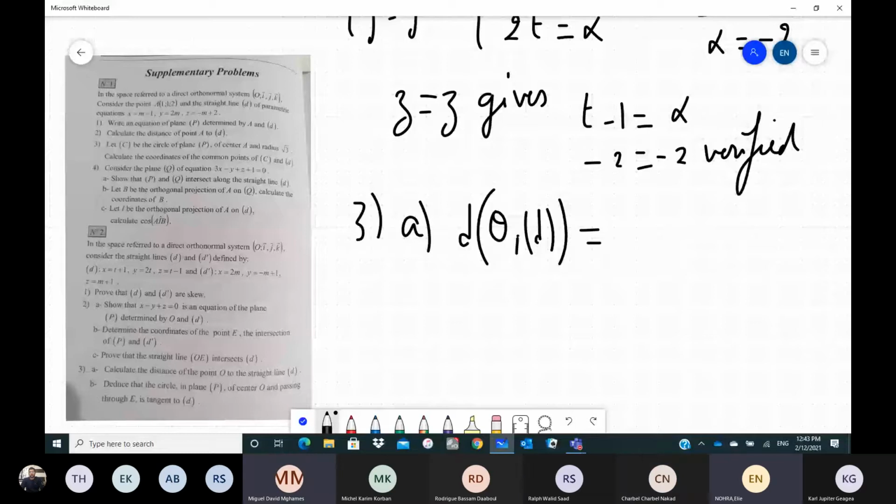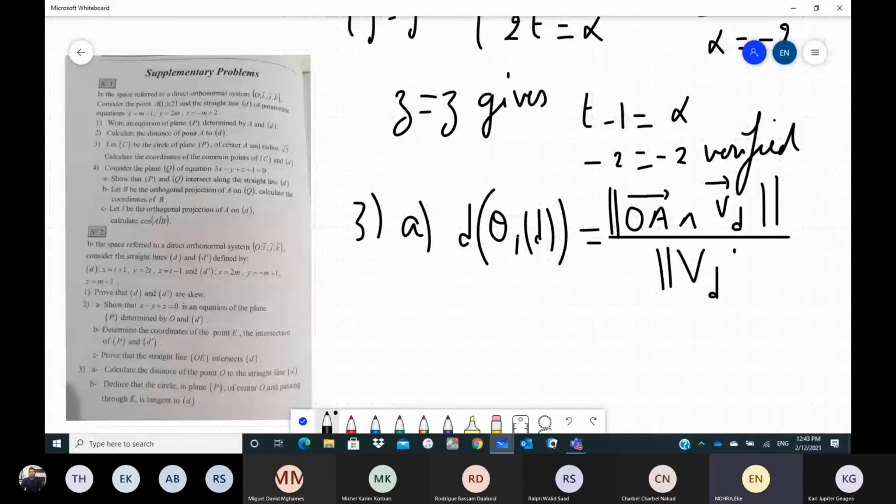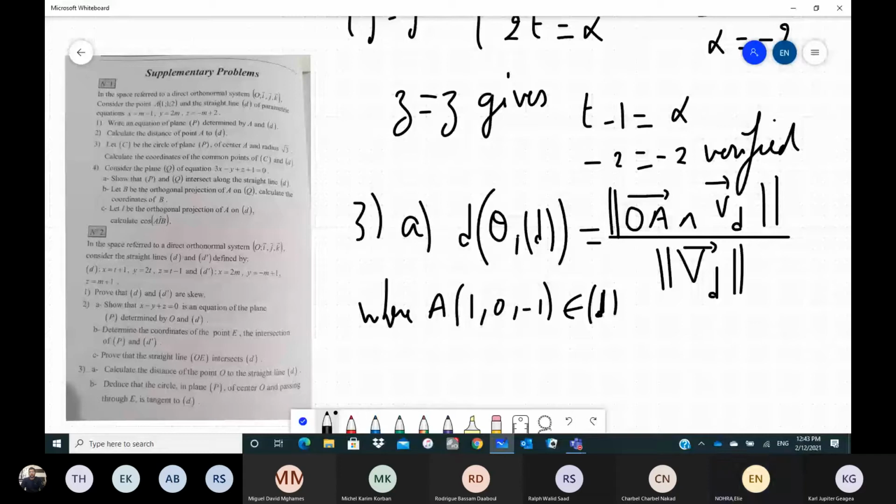The distance is the norm of the cross product of vector OA and vector VD, over the norm of VD, where A is the point (1, 0, -1) of D, as you remember from before.